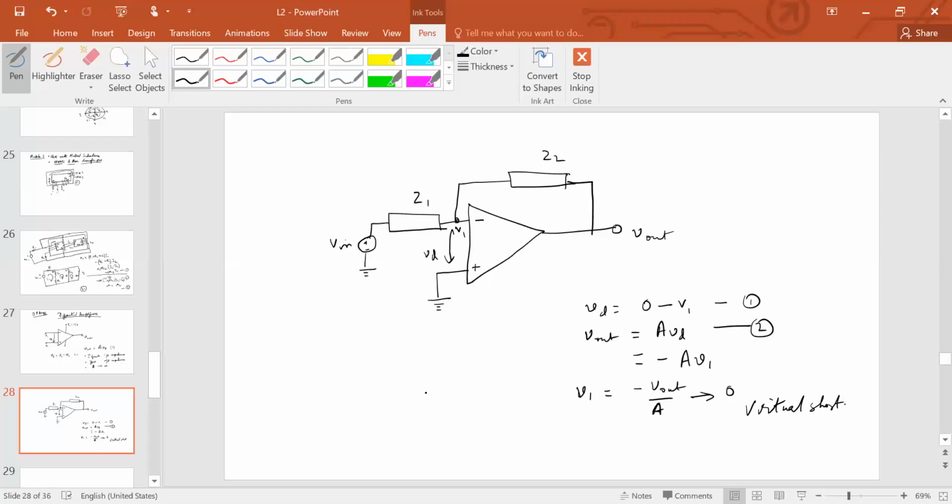Okay. Now, having gone through with this assumption, now you can apply KCL. So, what is KCL? The voltage at this terminal is V in. So, let's say V in minus, what is this V1? V1 is 0. Is it not? Because it is earthed. See, this VD itself tends to 0, and VD is nothing but minus of V1.